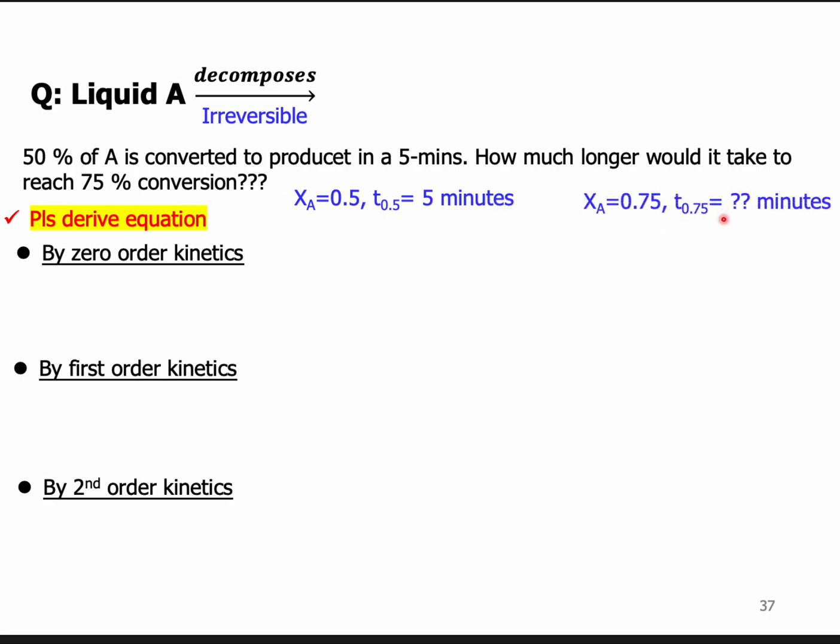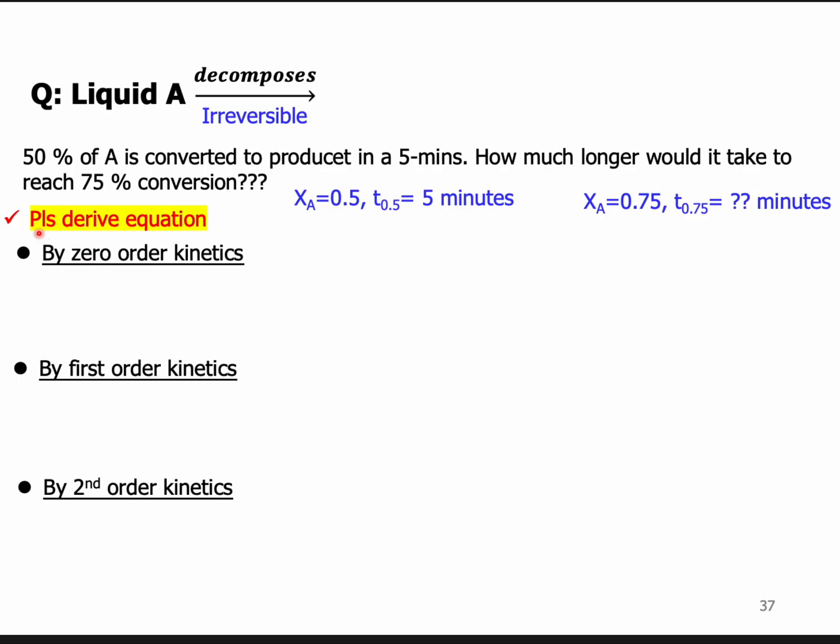What's the time? Because the question didn't tell you the reaction order, the question gives you some hints. For example, could you tell us how much longer if this belongs to zero order, first order, and second order? So you need to calculate each of them.